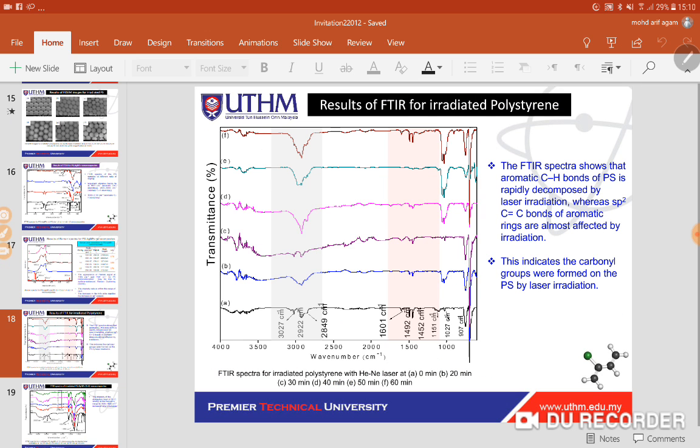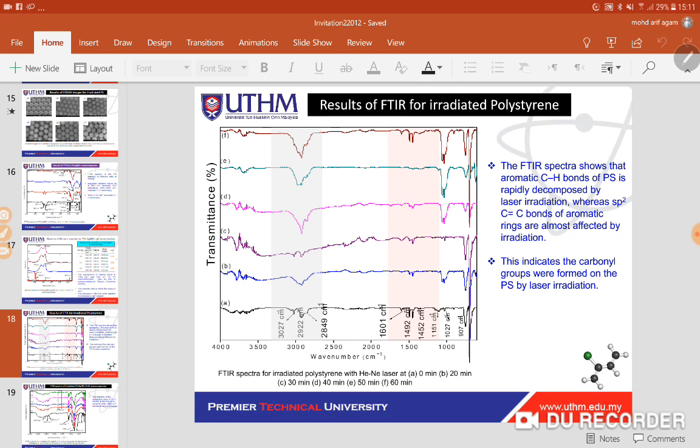Now, if we irradiate it, if we look at this band, we can see that some part of the peak will be lost, reappear and disappear depending on the dosage of laser.